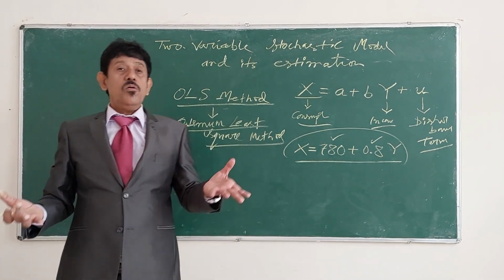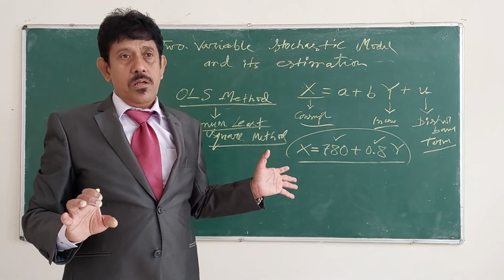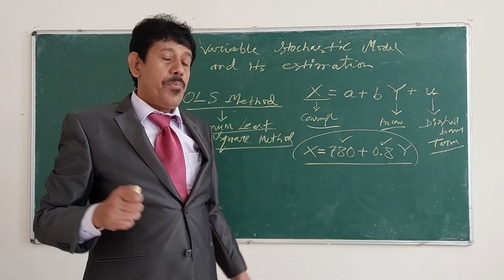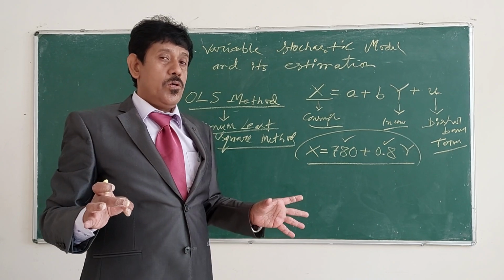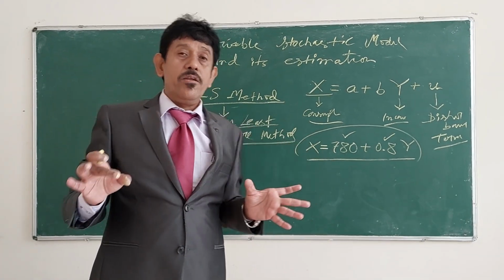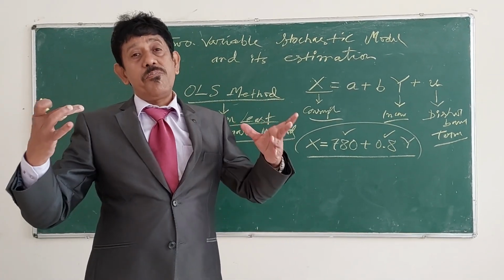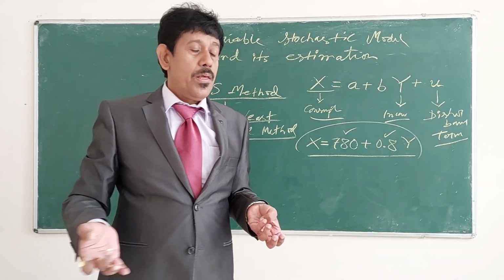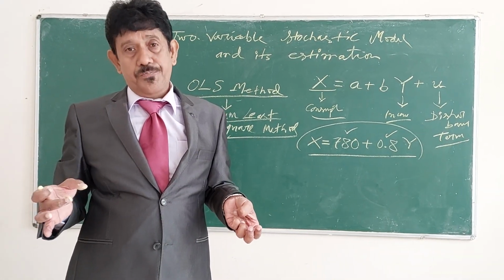By applying this method, we shall derive the particular line, which will be known as the line of best fit. Now, our problem is how to choose that particular line, how to choose the line of best fit.